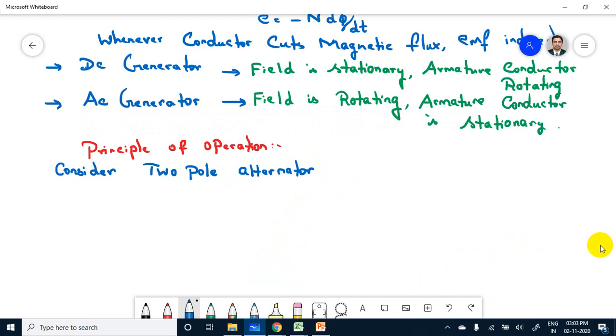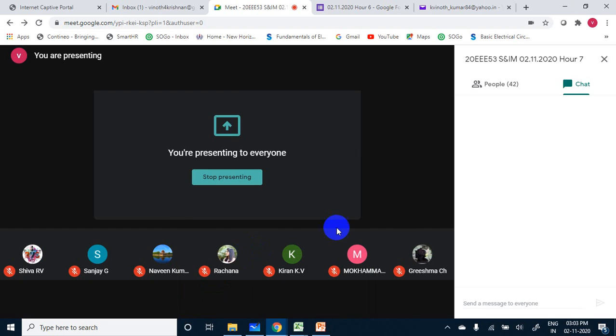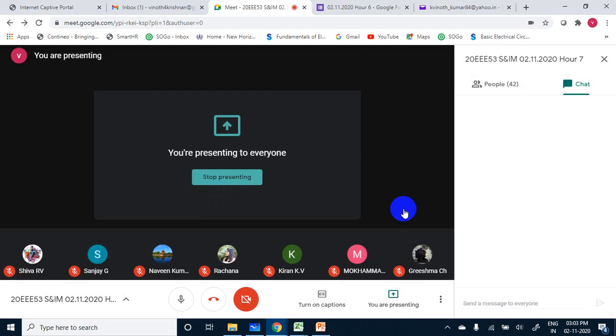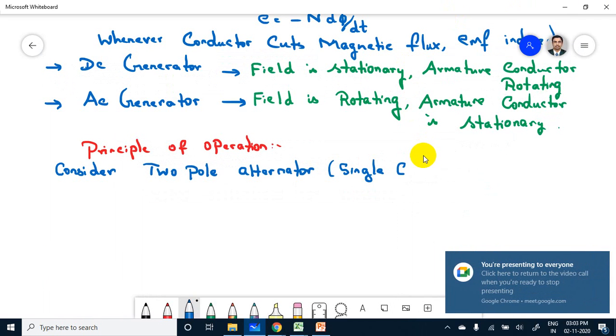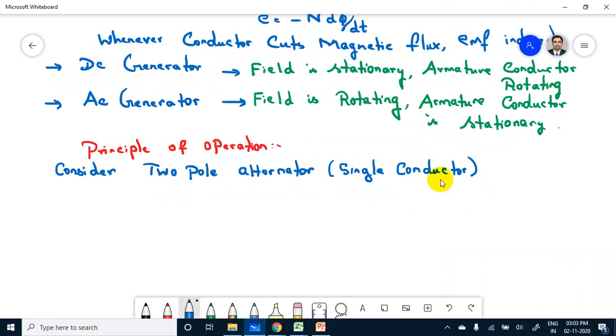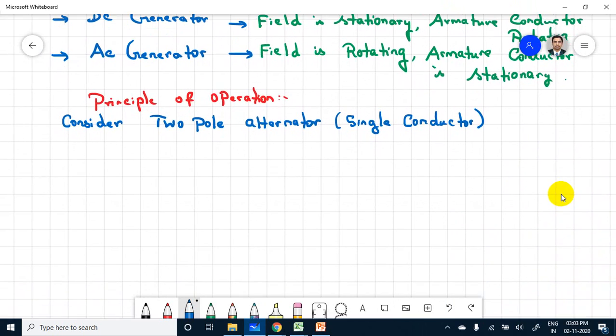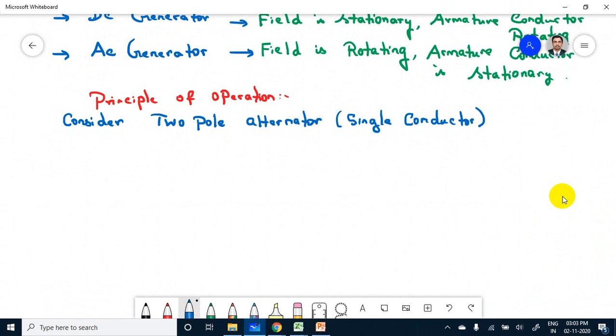Okay, this alternator has a single conductor, under the magnetic field produced by two stationary poles.